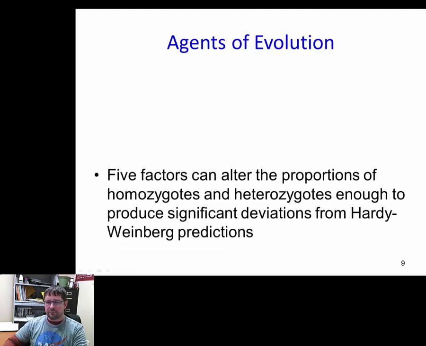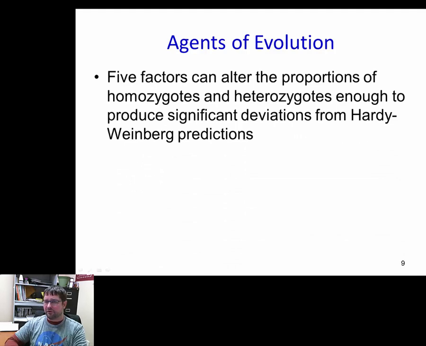So that brings me to the 5 factors that will deviate or change the amount of homozygote individuals and heterozygotes in a population. You should be able to figure these out based on the characteristics that will allow homozygotes and heterozygotes to stay the exact same over a period of time.